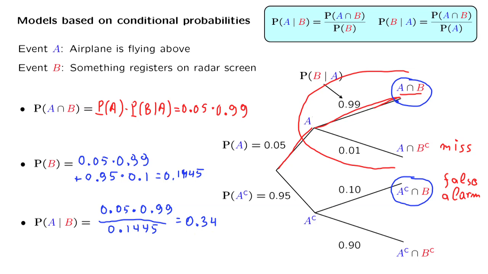Even though we have a very good radar that tells us the right thing, 99% of the time under one scenario and 90% under the other scenario, despite that, given that the radar has seen something, this is not really convincing or compelling evidence that there is an airplane up there. The probability that there's an airplane up there is only 34% in a situation where the radar thinks that it has seen something.